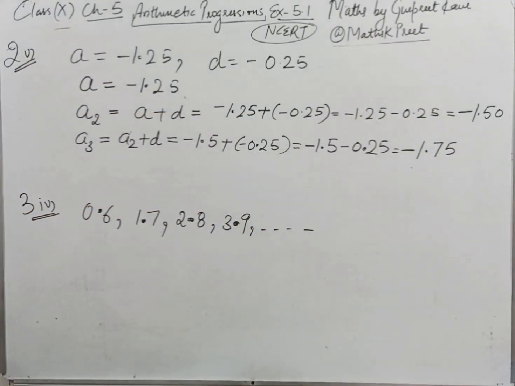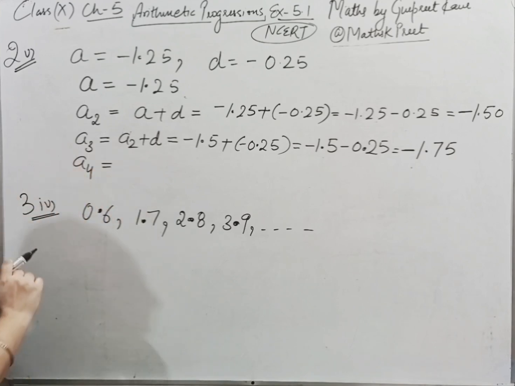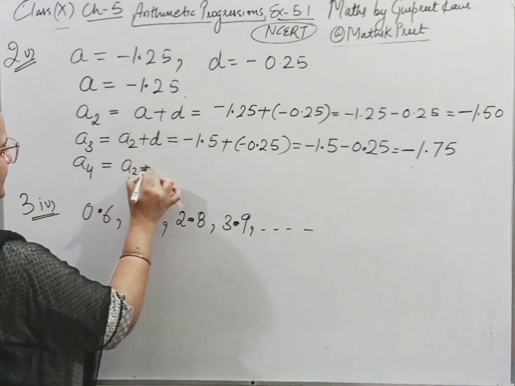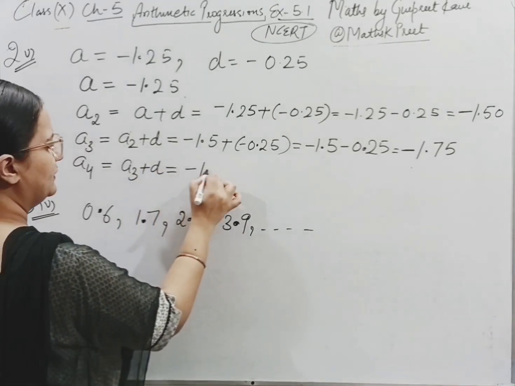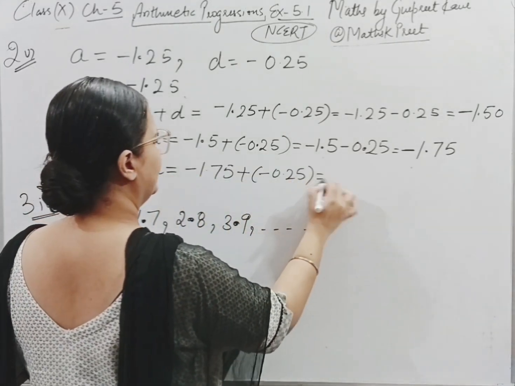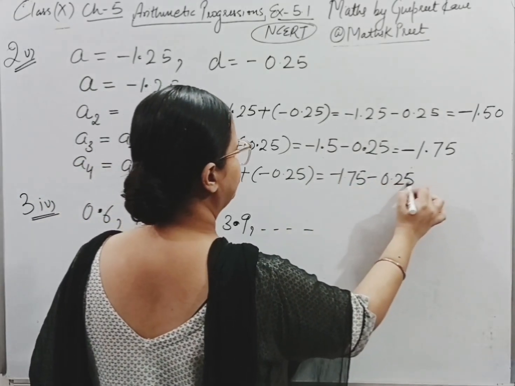It is minus here. So I have to write the first 4 terms according to the question. So A4 will be A3 plus D. A3 is minus 1.75 plus minus 0.25. Again, I'll write it as minus 1.75 plus minus is minus.